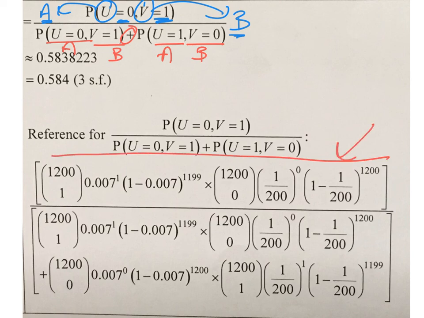But of course, you do not need to write out this whole chunk of formula as part of the solutions. Use your GC command correctly to calculate the binomial PDF for each probability, plug into the formula, and you should be able to obtain a value of 0.584 to 3 SF.